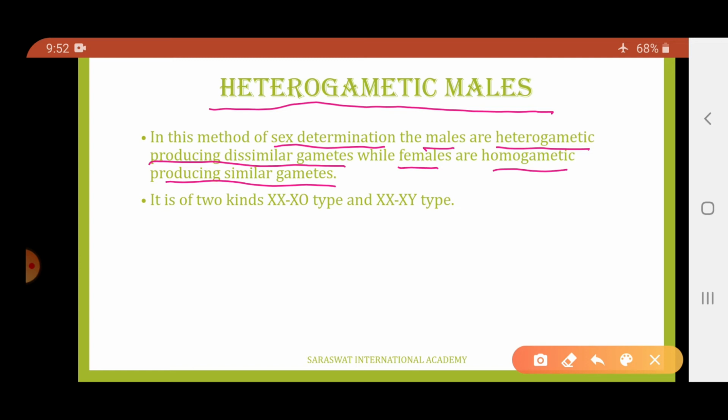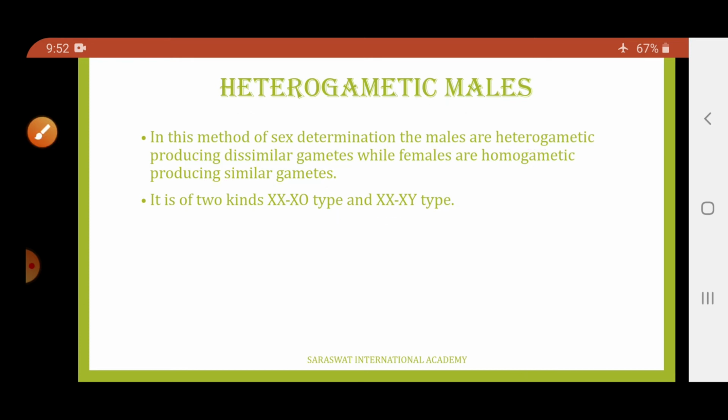So basically heterogametic males is a condition where the males are heterogametic. As they are heterogametic, they produce dissimilar gametes, and the females are homogametic, which produce similar gametes. It is further divided into two types, XX-XO and XX-XY type. So we will study each type.